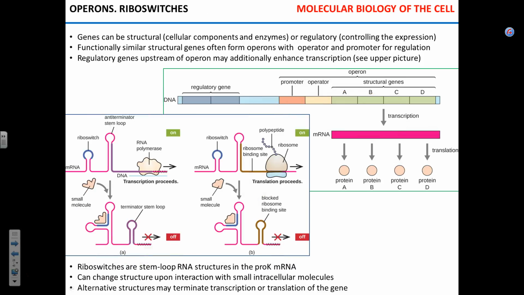We talked a lot about how genes are regulated, right? Expression, regulated, genes are expressed at the given time, produce certain phenotype.